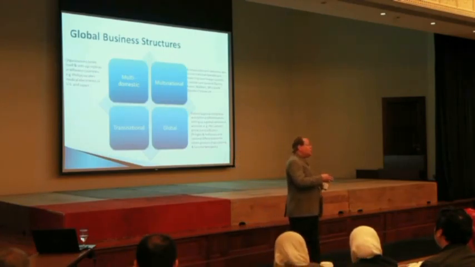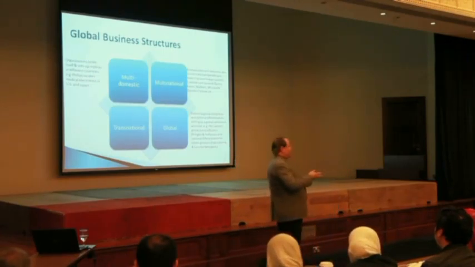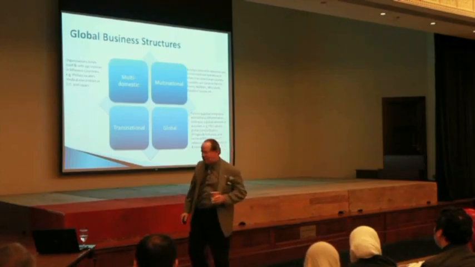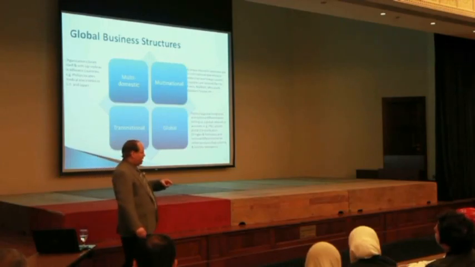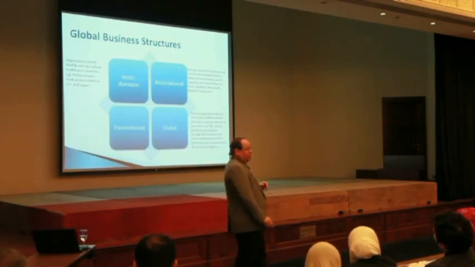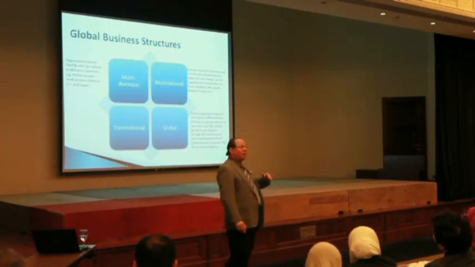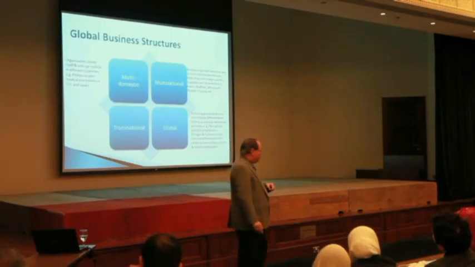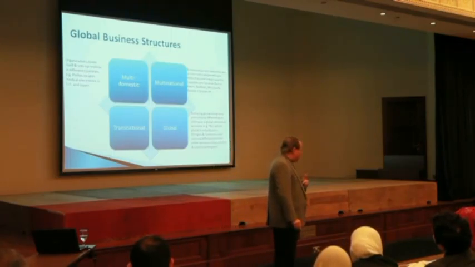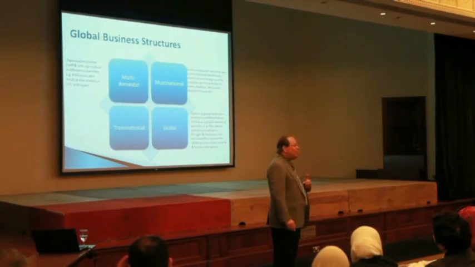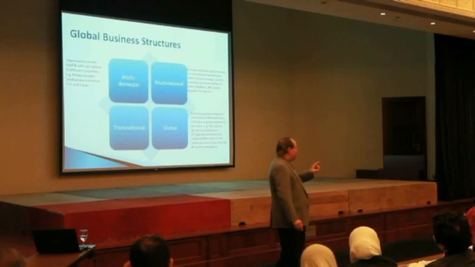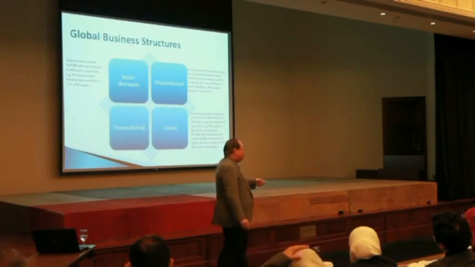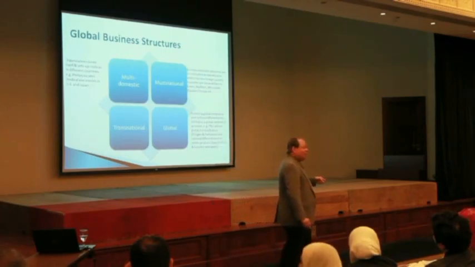What a lot of companies do, it's a good question, and I think I have a good answer, in order to prevent another company from coming out, we'll take laundry detergent. In order to prevent a competitor from coming out with a substitute that's going to compete with my brand, I come out with my own substitute. So if a customer prefers to buy the substitute over my brand, they're still buying my brand.